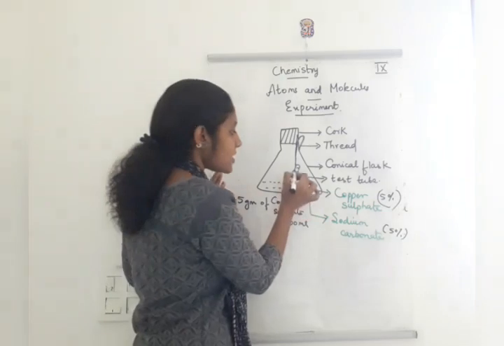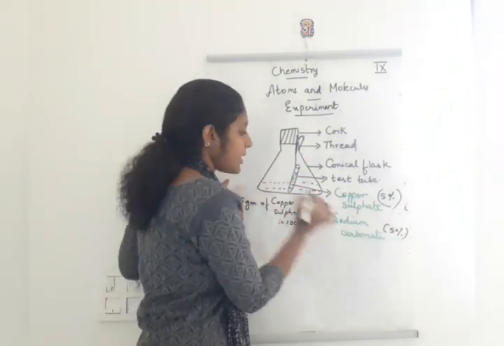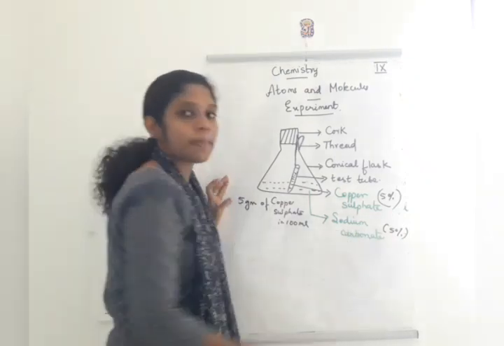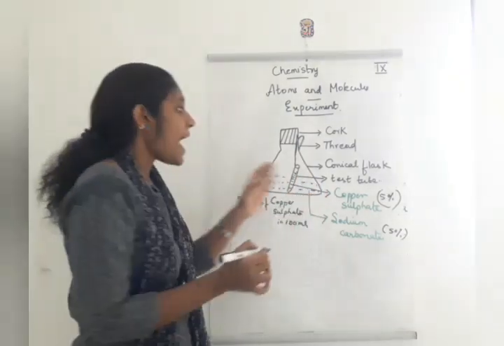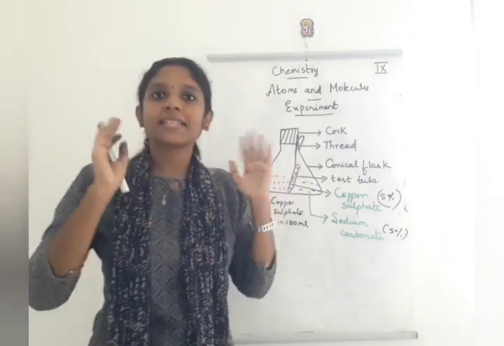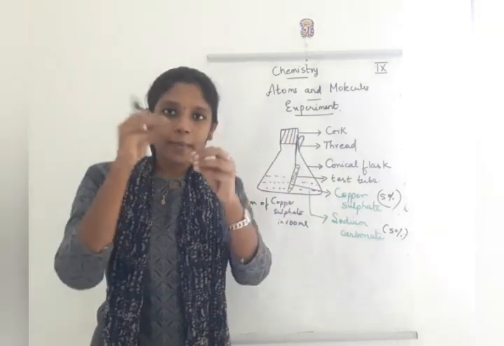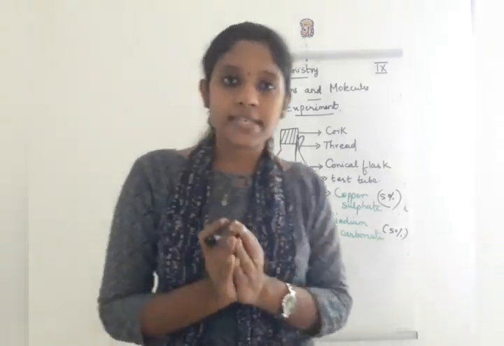And that copper sulfate you are adding inside the test tube. Then you take 5% sodium carbonate, that is 5 gram of sodium carbonate in 100 ml of water, and add it into the conical flask. You tie a thread and tighten it with the help of a cork, so that because it is tightened like this, the solution inside the test tube and the solution in the conical flask will not get mixed.